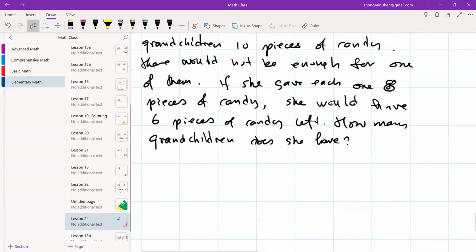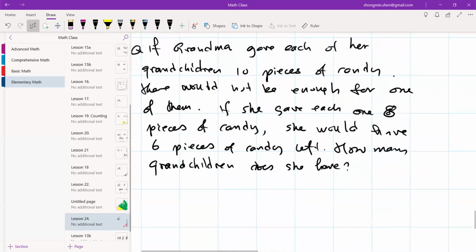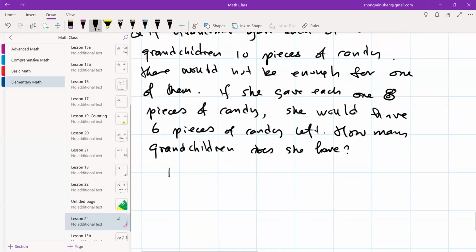All right, the answer key says 8. Well, 8 is a solution. Just like the problem I asked you, right? There will be multiple solutions possible. Okay. So the idea is you draw the picture.